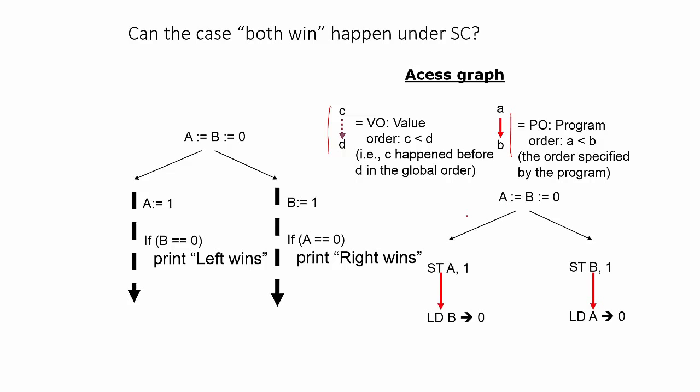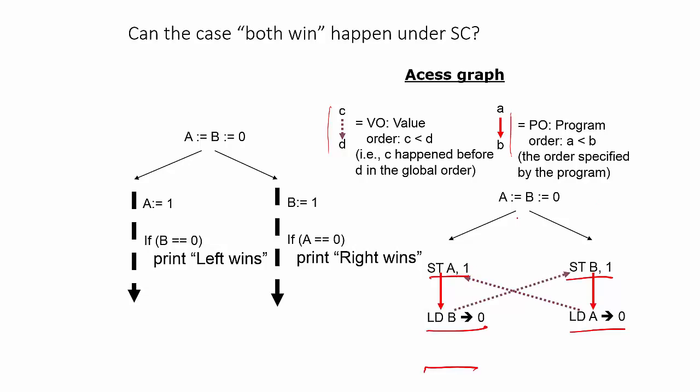So the program order is defined as this. Thread 1 here will store to A, and then it will load B. That's the program order. Thread 2 will store B and load A. And then you have a value order. In order for load A to return 0, it has to happen in value order before the store of A on the other thread.